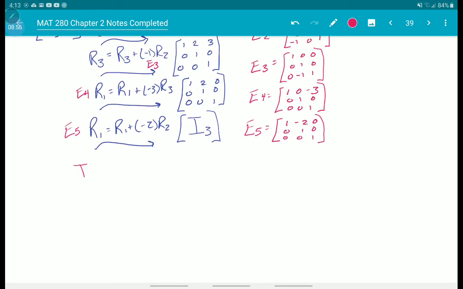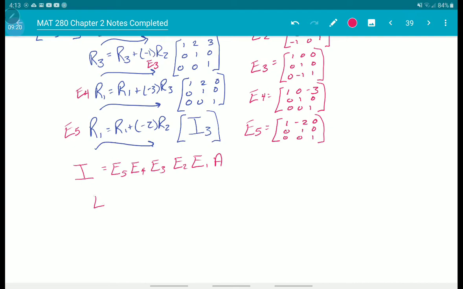So the identity is row equivalent to A, which means I can write that identity as a series of elementary matrices multiplied by A. The goal is to get A by itself, to write A as a product of elementary matrices.